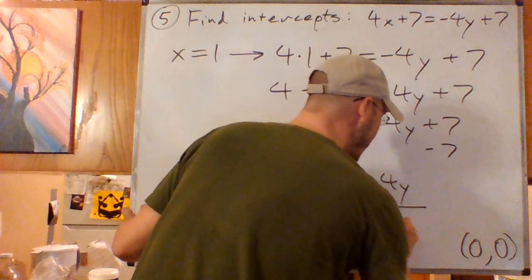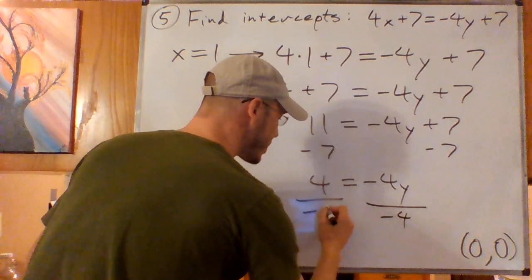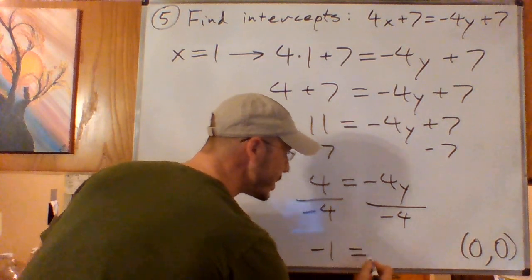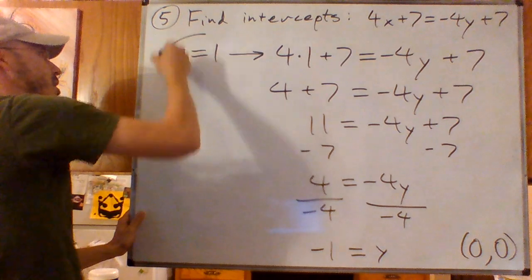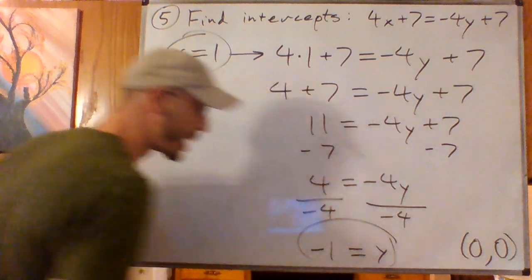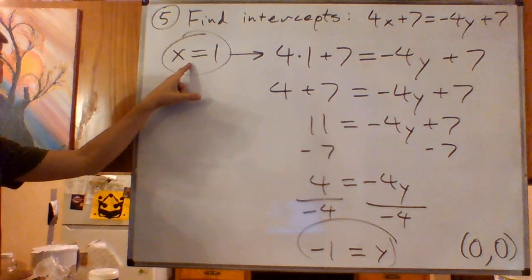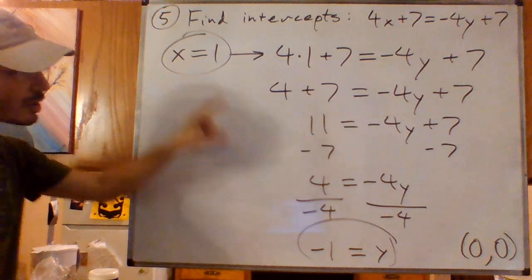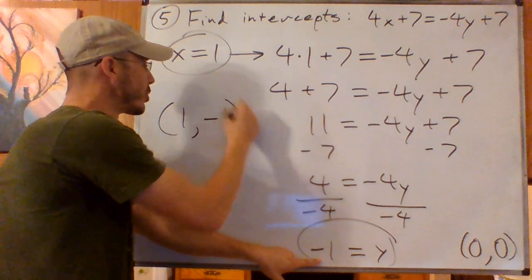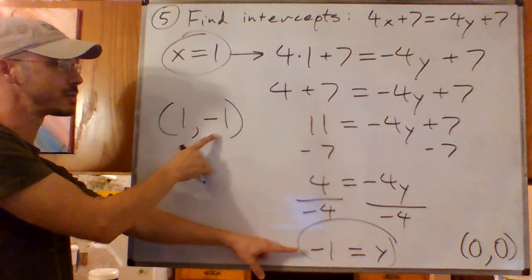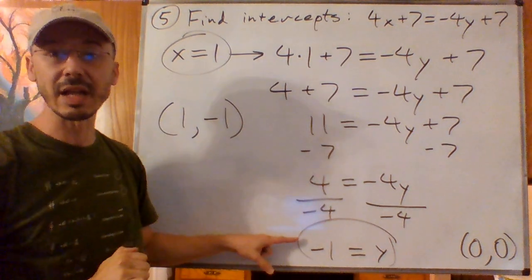And divide by negative 4 on both sides to get negative 1 over here and y over here. So with that, this is what I'm going to put back together. When I used x equals 1, the y was negative 1. That means the point 1, negative 1. X is 1, y is negative 1. Is another point on the line.